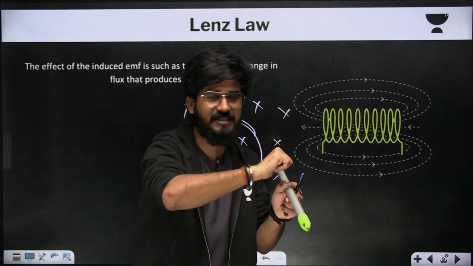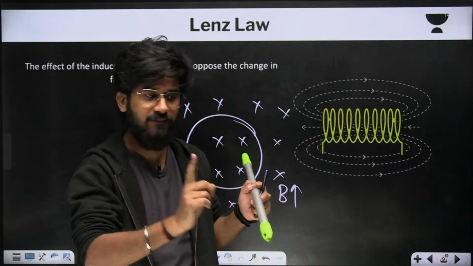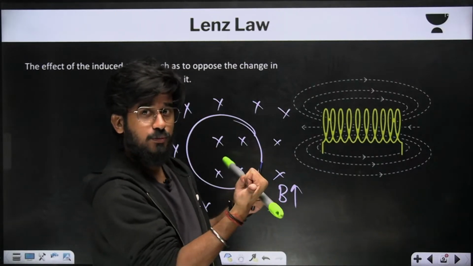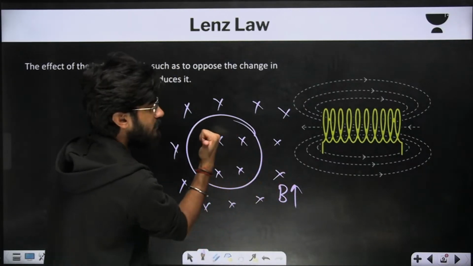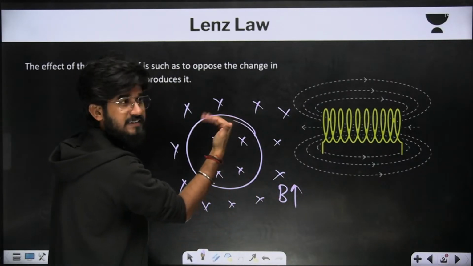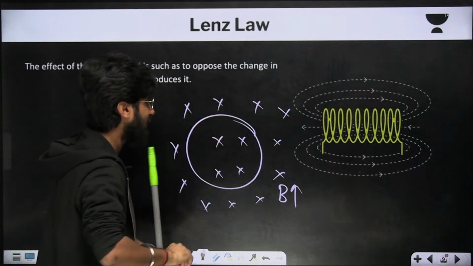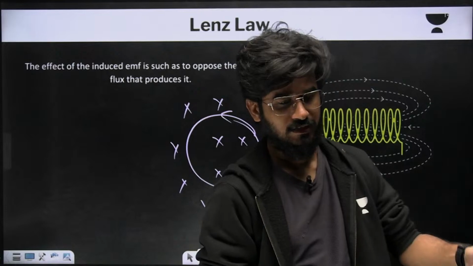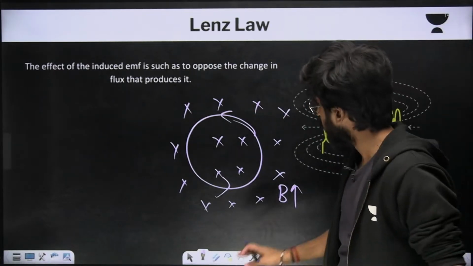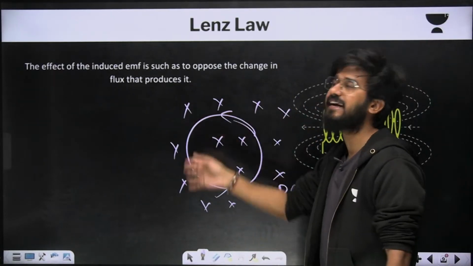So the current will try to produce a magnetic field outside. If the magnetic field is outside, it means the current is in the anti-clockwise direction. Got it? Any confusion till here? So in this particular loop, the current is in the anti-clockwise direction.